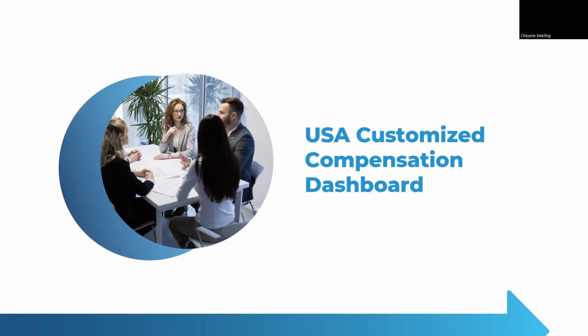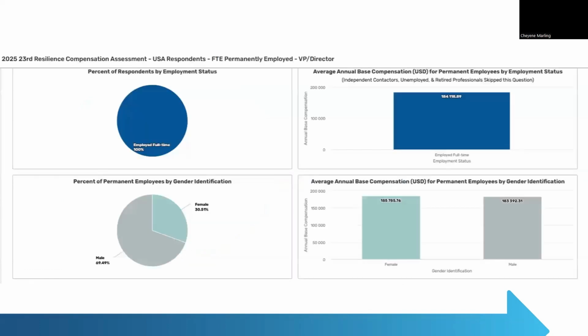Here are a few screenshots of a customized dashboard for respondents from the USA only, also indicating VP/director. In this screenshot, you can see that the average base compensation for all study respondents in the USA, indicating VP/director, is about $184,000.